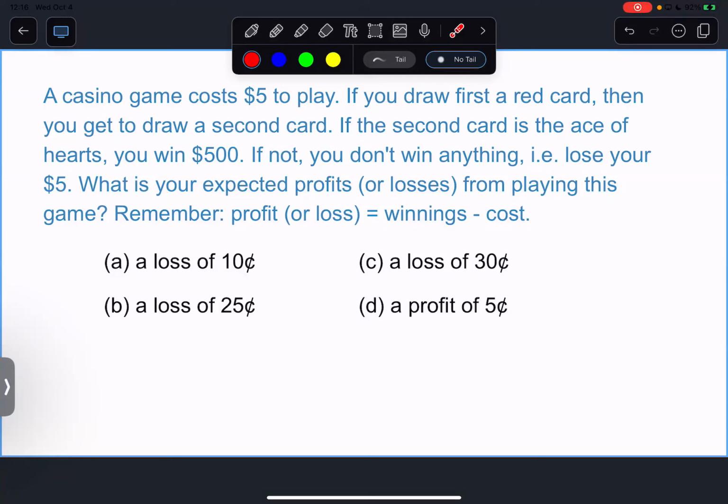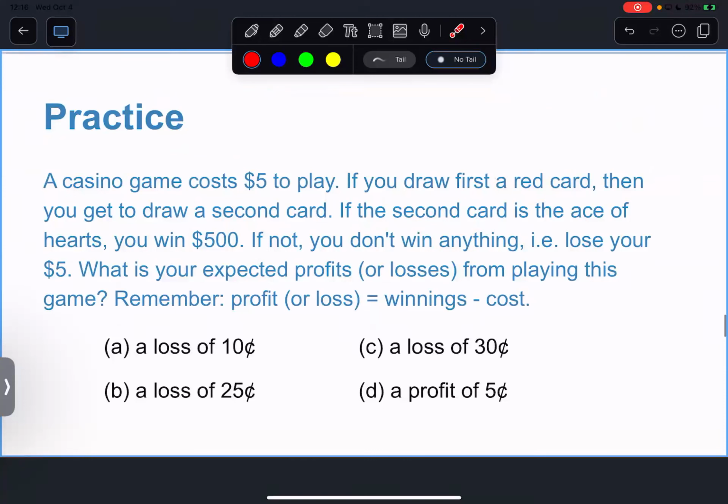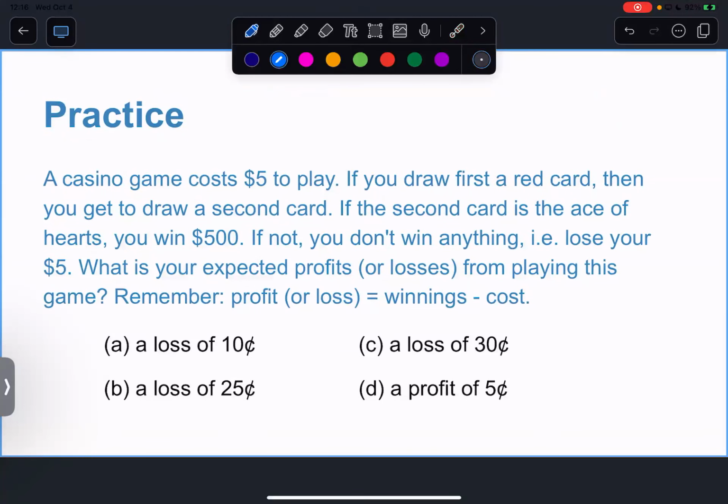And we want to find the expected profit, okay? And so one thing that I will clarify here, and I will just confirm, is it's without replacement. Okay, and so that should be here somewhere. Without replacement.